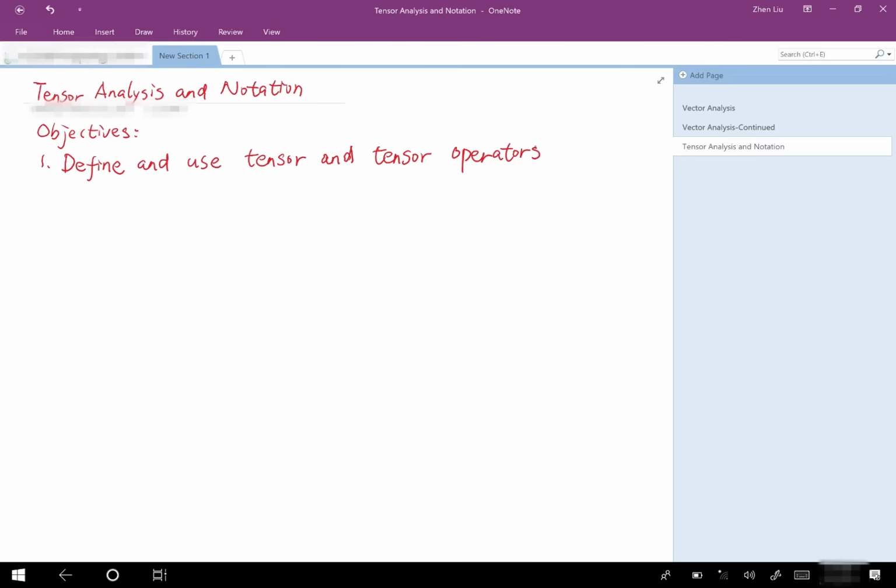So this is the first. Usually you need to define using different notations. You need to use the full notation with the Einstein convention, summation convention, and also be able to use the matrix notation.